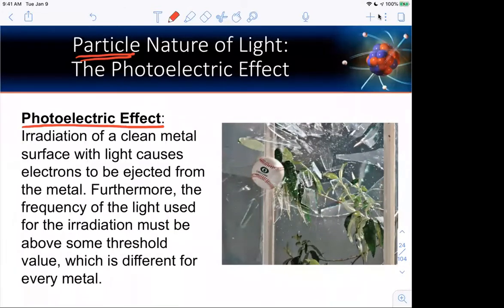That light causes electrons to be ejected from the metal. I also know that the frequency of the light used for this irradiation must be above some threshold value, and that threshold value is different for every metal.